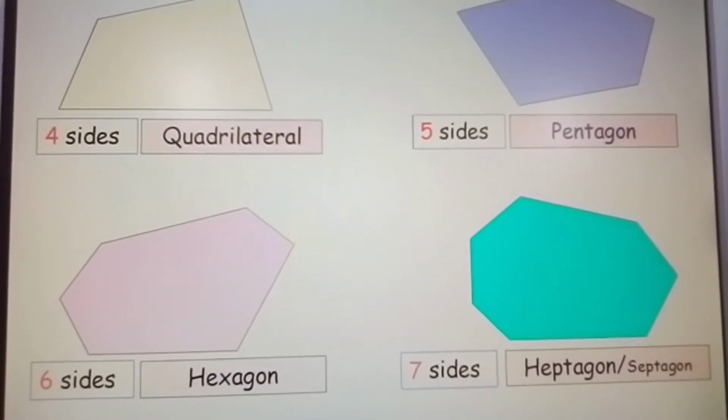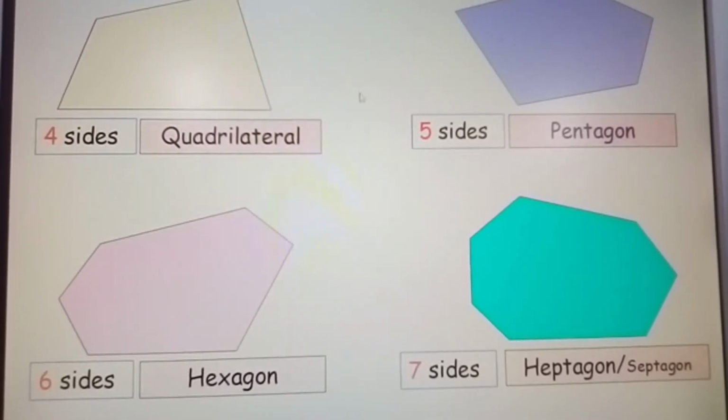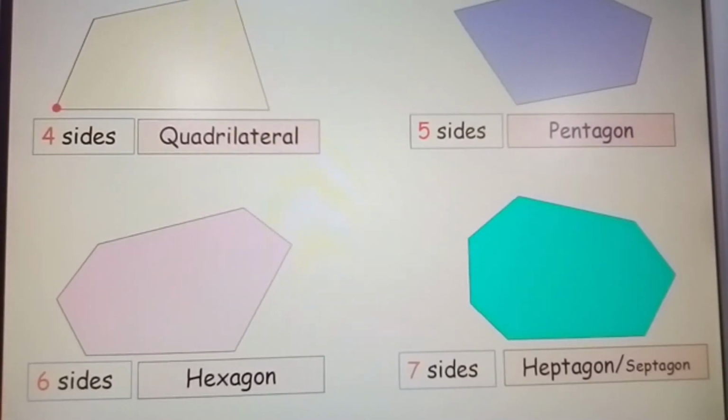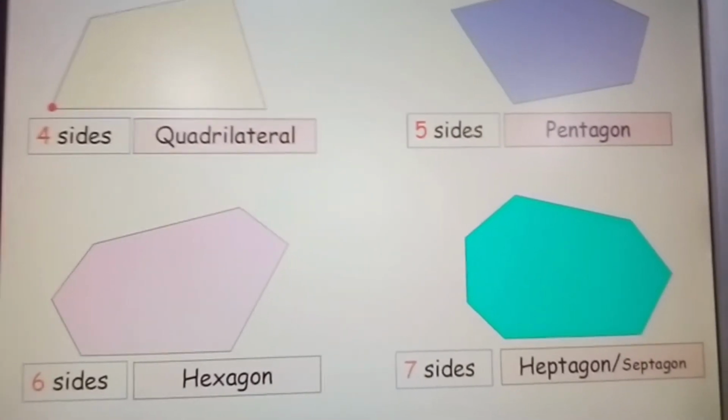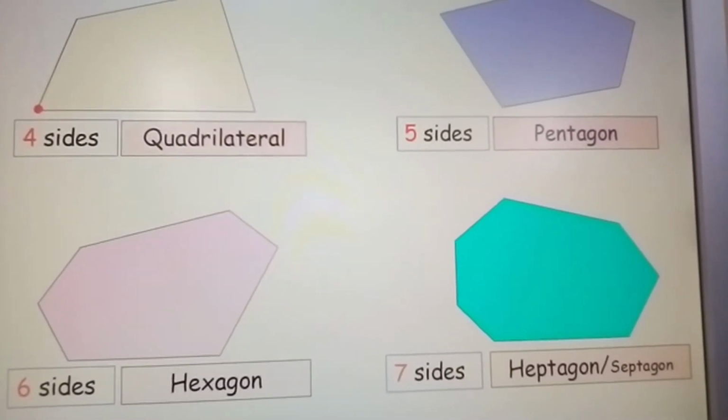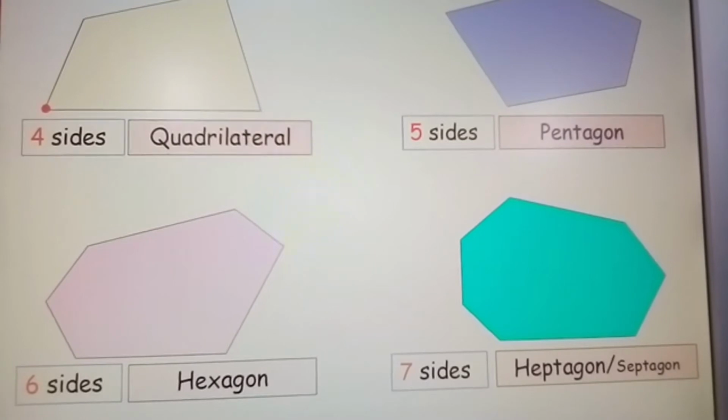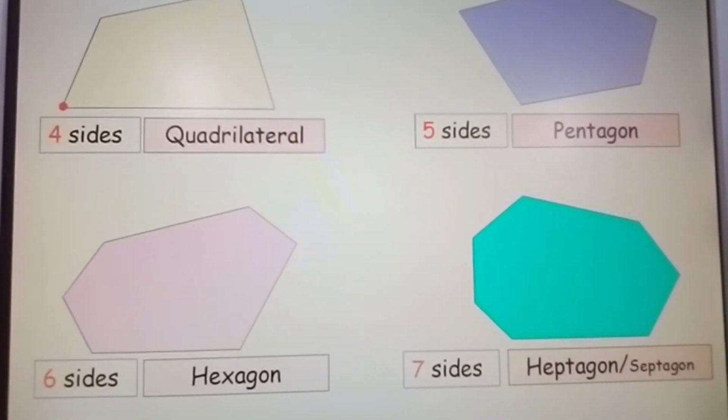Now, how many angles are in each? Let us see in each case. To establish this, we need to look at drawing lines that formulate triangles.